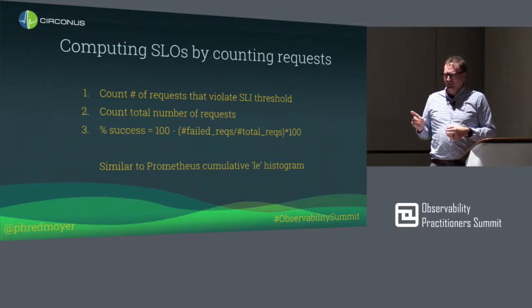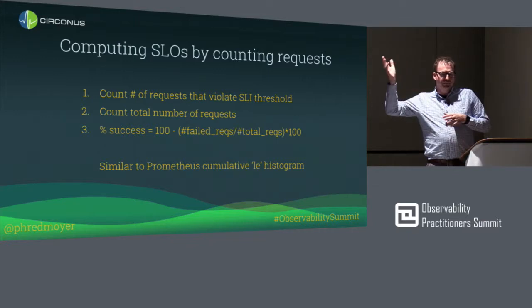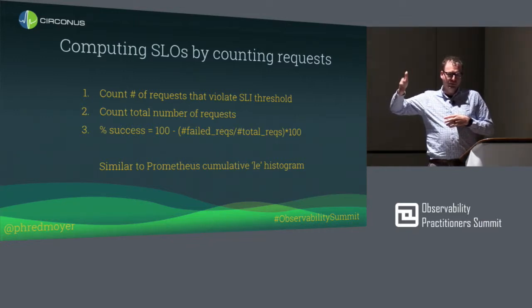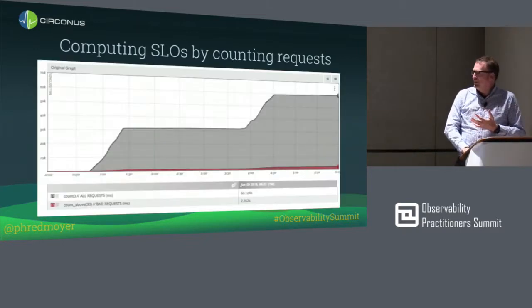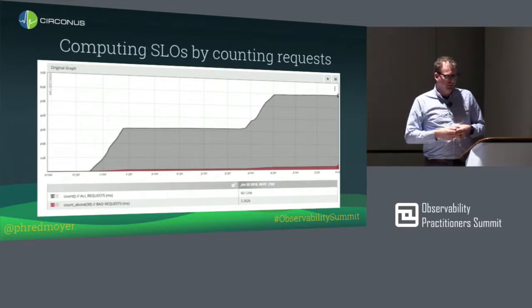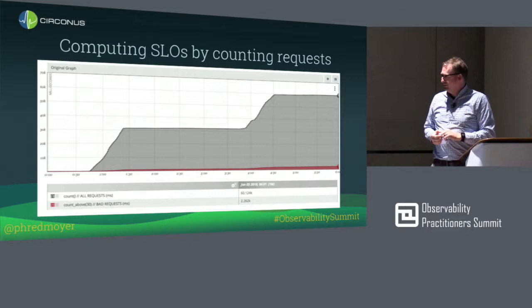This approach is conceptually similar to the Prometheus cumulative LE style histograms, where you specify, I think typically maybe half a dozen thresholds, and you count the number of requests that fall below each threshold. It's pretty simple. Here's a visualization of it, which you've probably seen in any number of monitoring tools out there.